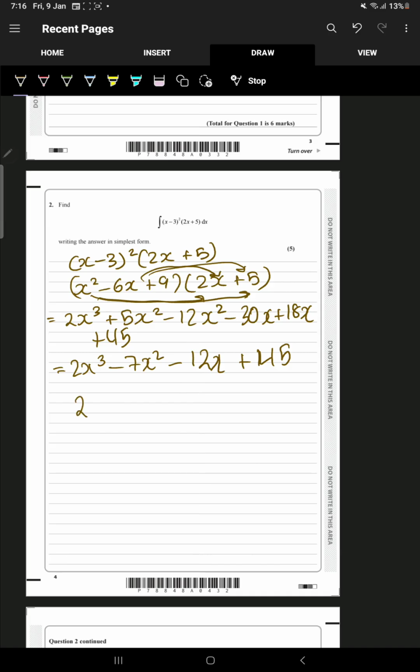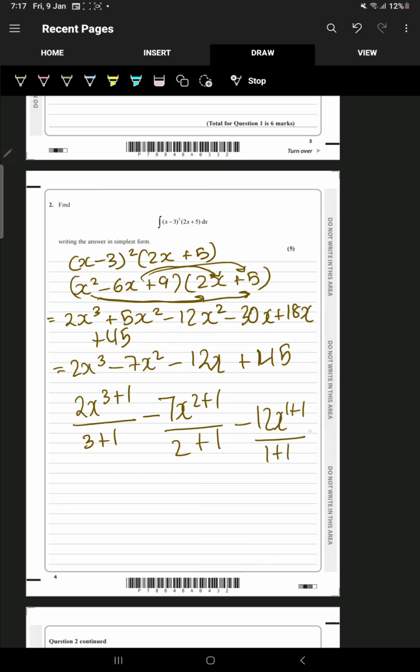So that is going to be 2x to the power of 3 plus 1, add 1 to the power and divide by the new power. So minus 7x to the power of 2 plus 1, minus 12x to the power of 1 plus 1, over 1 plus 1, plus 45x, plus c. So 2 over 3 plus 1 is going to give us a half x to the power of 4.